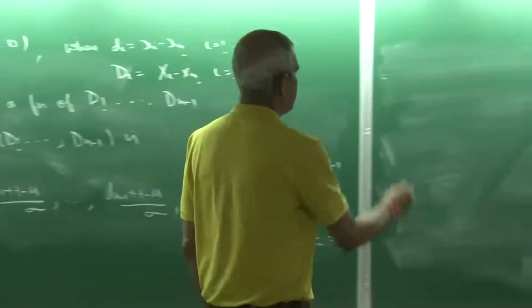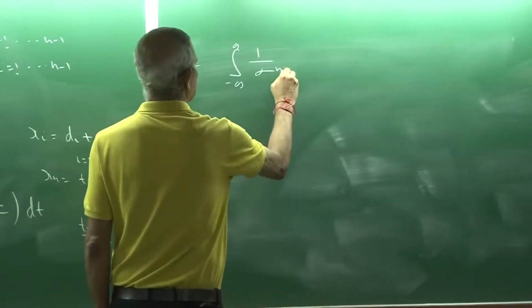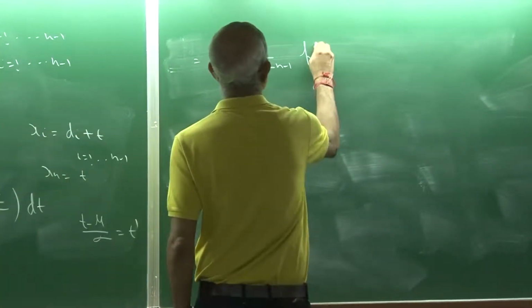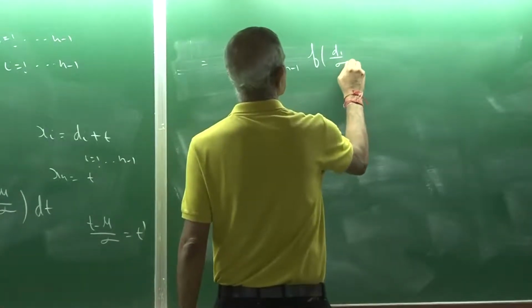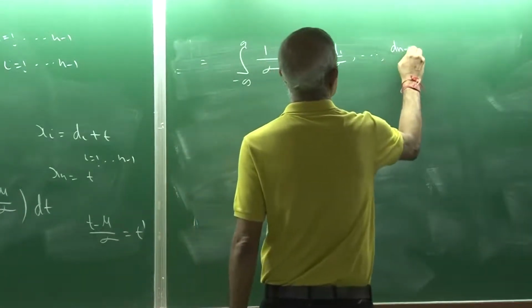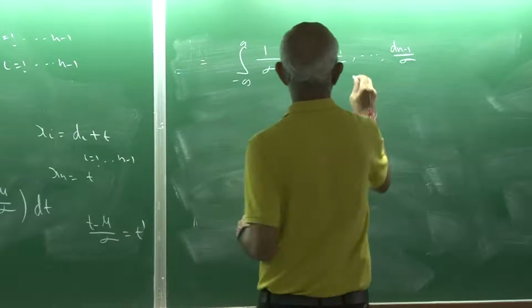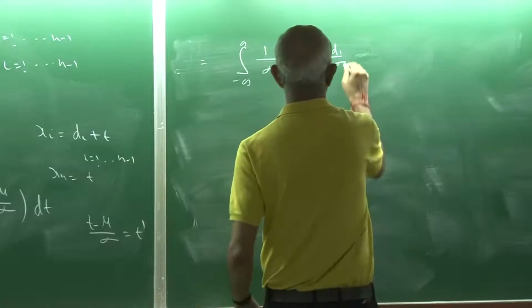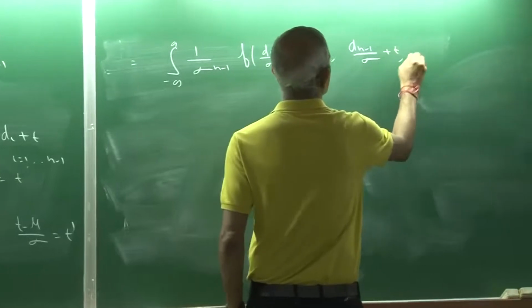So this would be left with minus infinity to infinity of 1 by sigma to power n minus 1, f of d1 by sigma plus t, everywhere it would come, sorry, d1 by sigma plus t, dn minus 1 by sigma plus t, t.